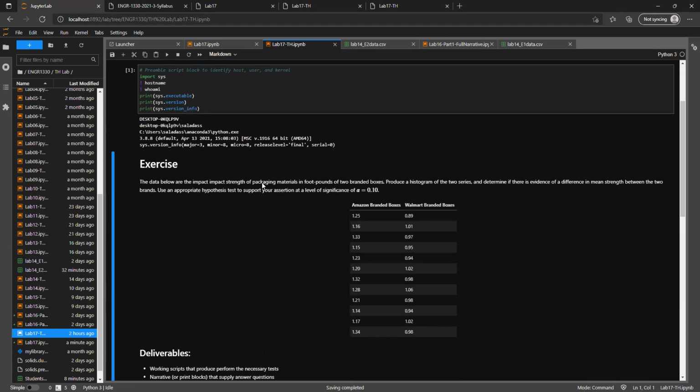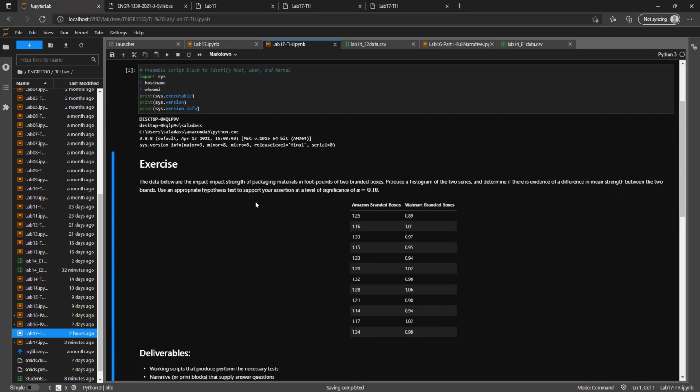It's the impact strength of packaging materials in foot-pounds of two branded boxes. Produce a histogram of the two series and determine if there is evidence of a difference in mean strength between the two brands. Use an appropriate hypothesis test to support your assertion at a level of significance of alpha is 0.10.